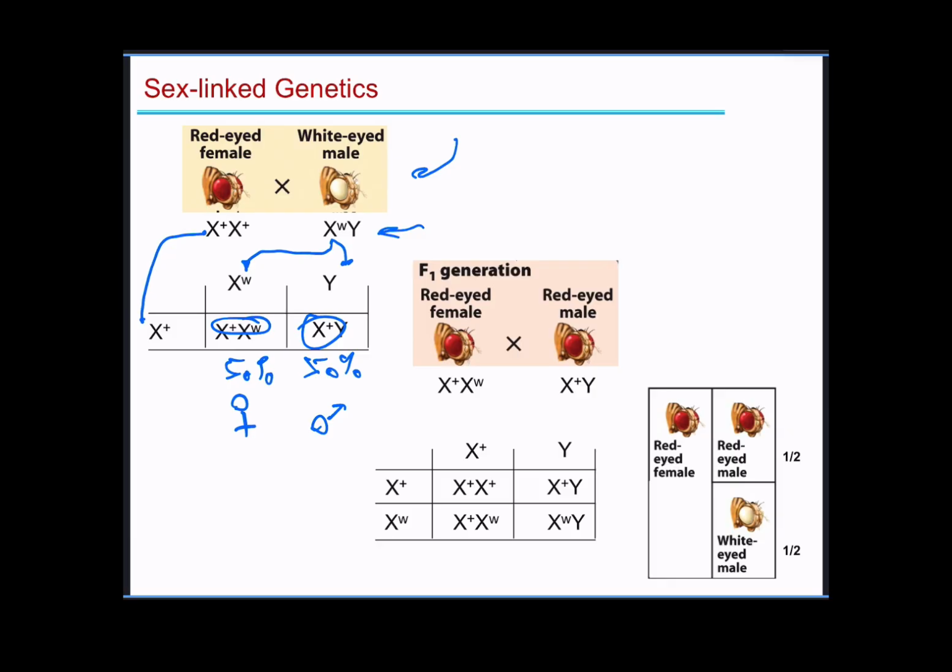So when you start thinking about that F1 hybrid cross, the females being heterozygous now produce two kinds of eggs.